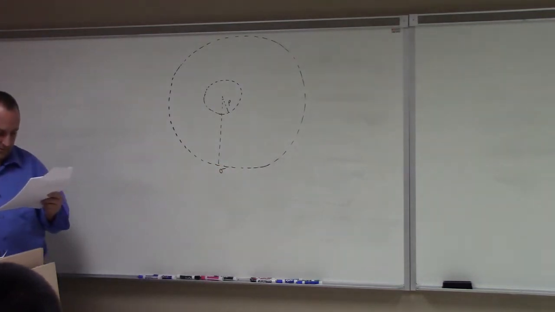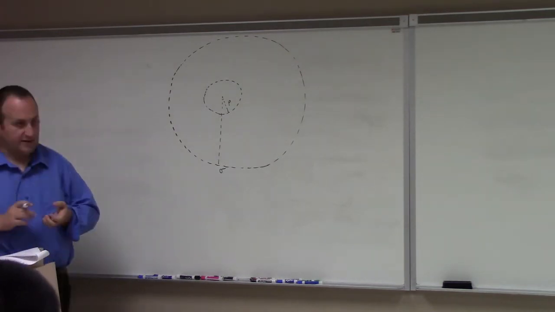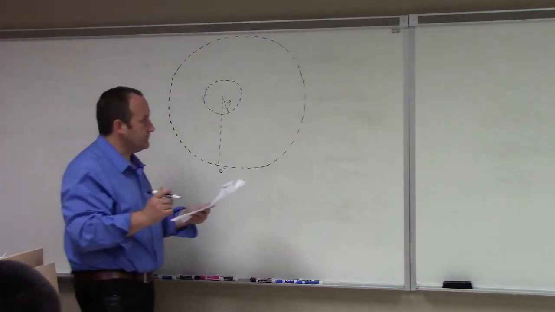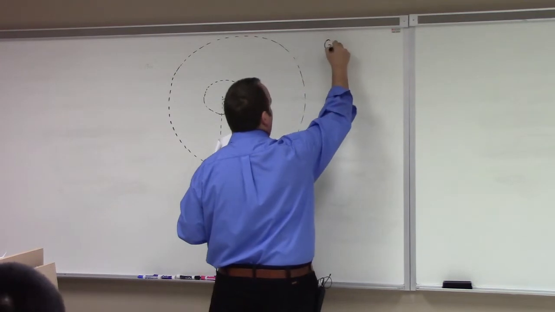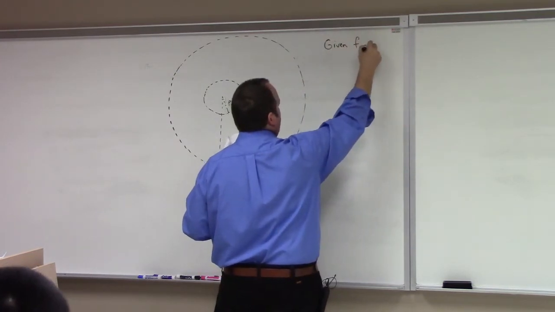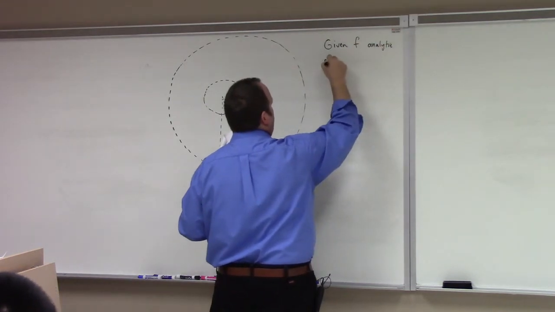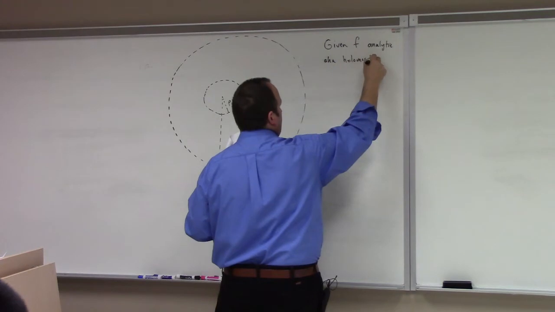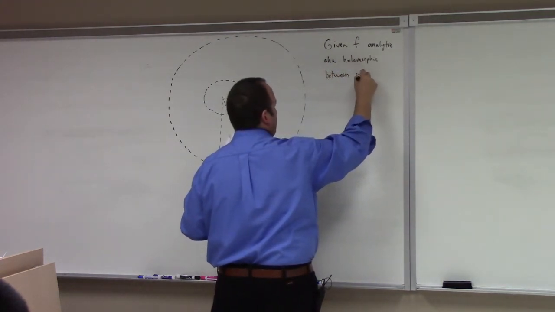And last time I argued that there is a Laurent decomposition, which is what? You're given f is analytic, aka holomorphic, between the circles.